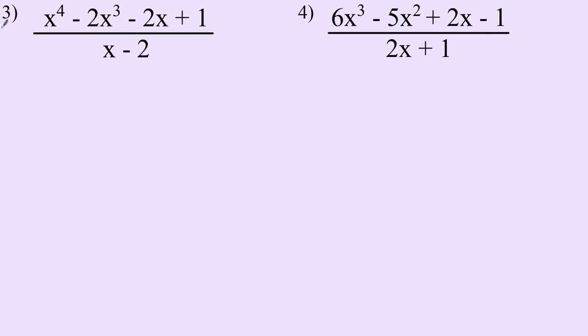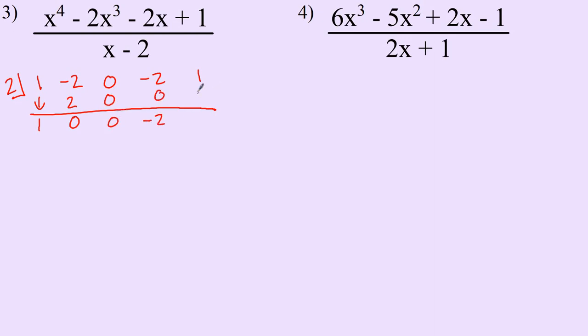Okay, so pause it, and you should have a 2 here, 1, negative 2, don't forget your placeholder, bring down the 1, multiply, add, multiply, add, multiply, add. This one was nice.